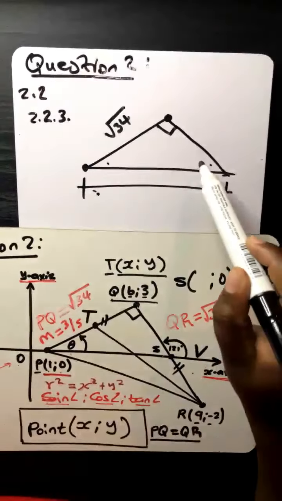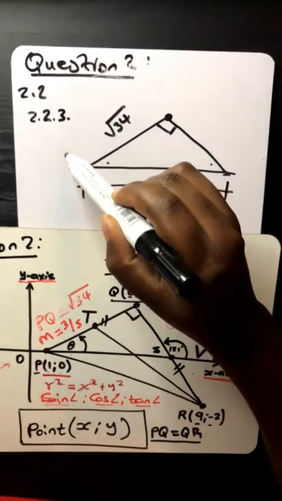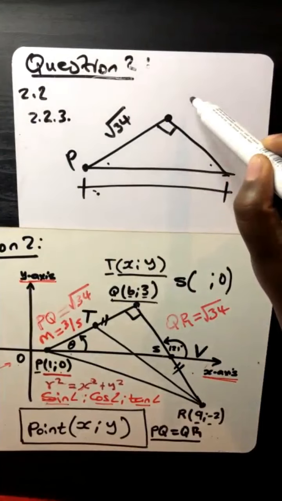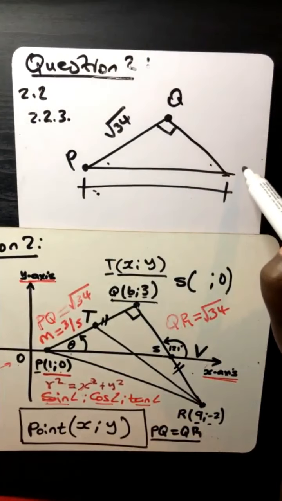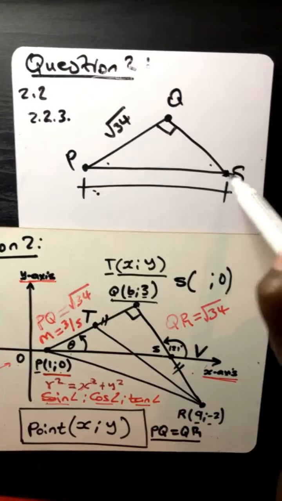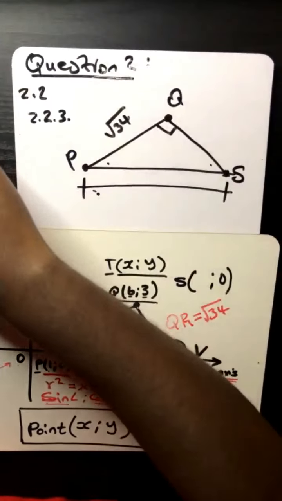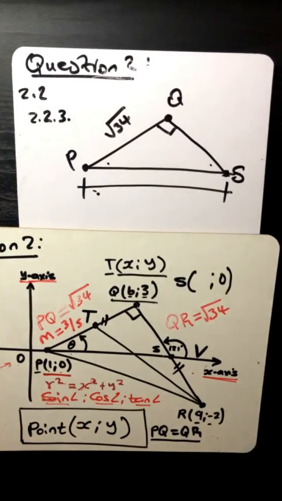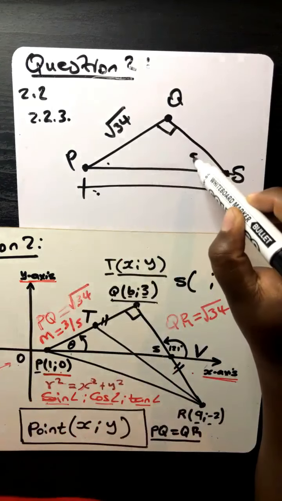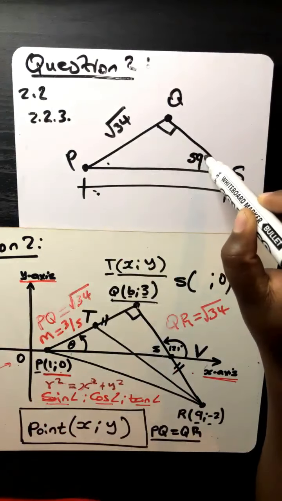Guys, what did we say that angle is? Let's see, there we've got P, we've got Q, we have got S over there. Guys, what did we say that angle is? 180 minus 121. What was it? Was it 280? It was 59, sir. Yes, this was 59 degrees.